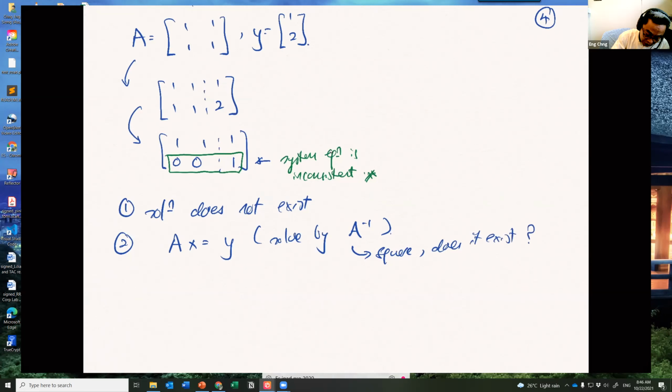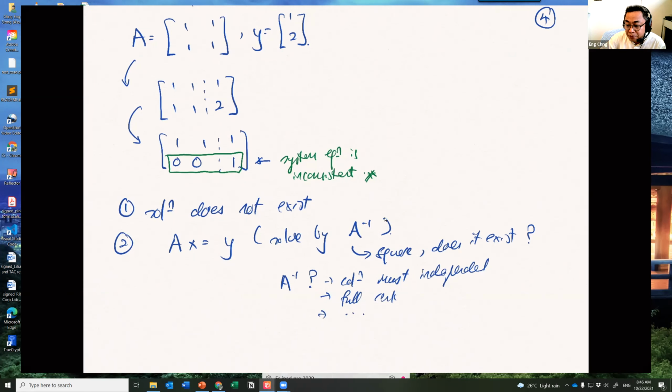And then of course how do I check whether the inverse exists? The inverse exists means that it must be square and all the columns must be independent, or it must have full rank, and then you have all these other invertible matrix theorem conditions.